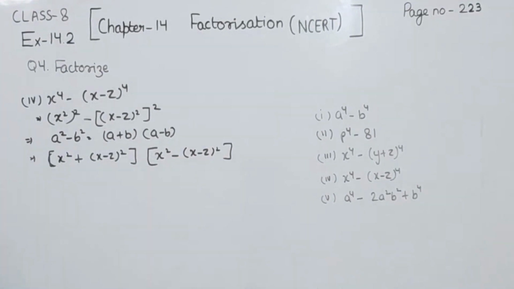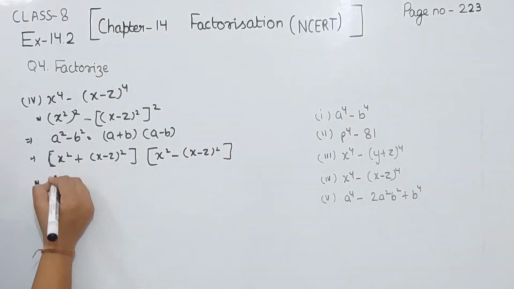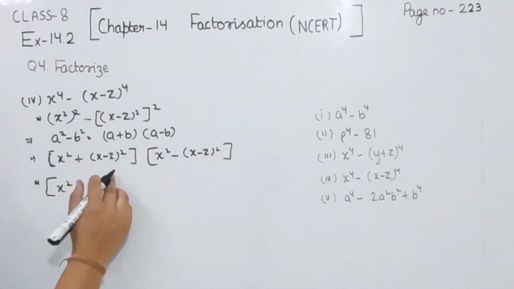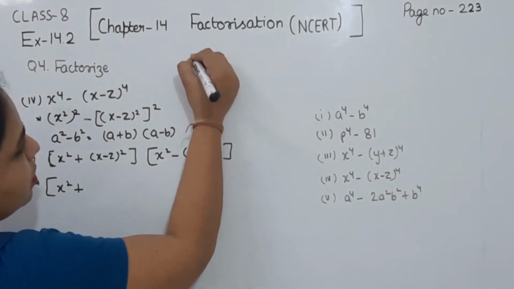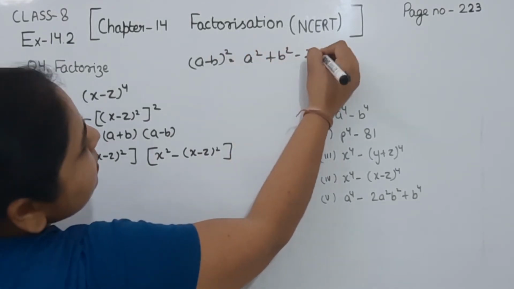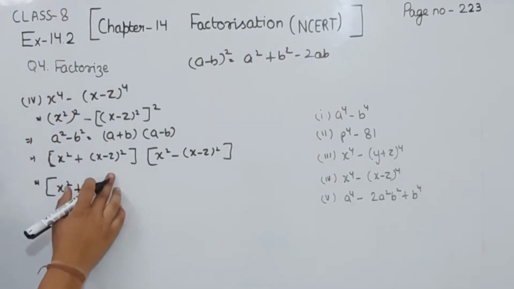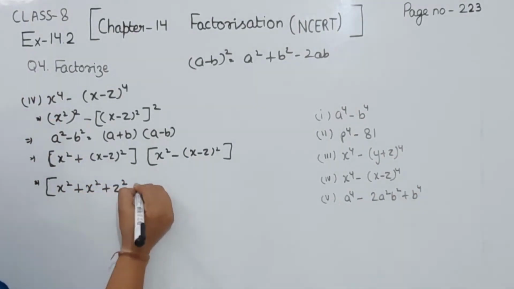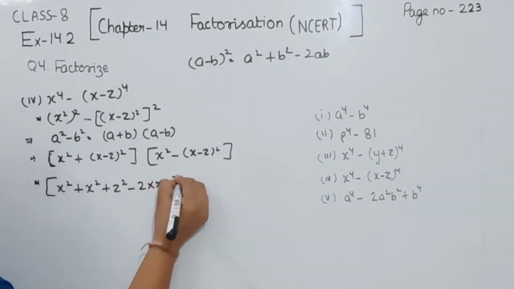Now I'm going to solve this one. So this one we have a square plus, now here we have a minus b whole square. So we need to use the formula here, a square plus b square minus 2ab. So I'm going to use here a square plus b square minus 2ab.